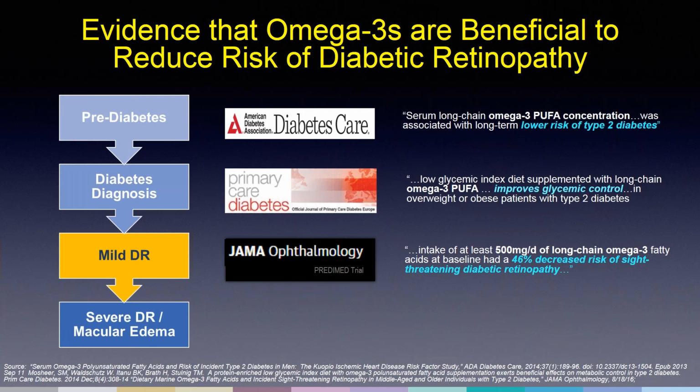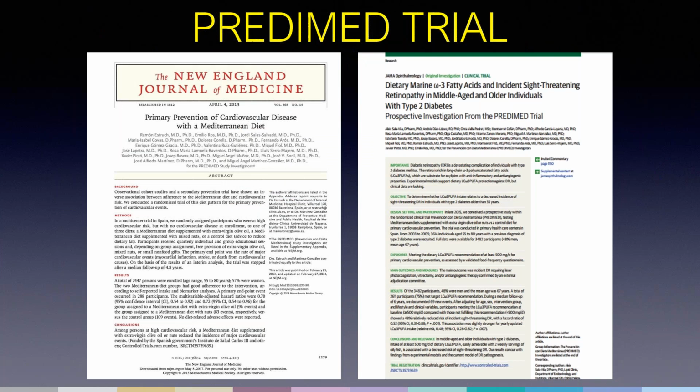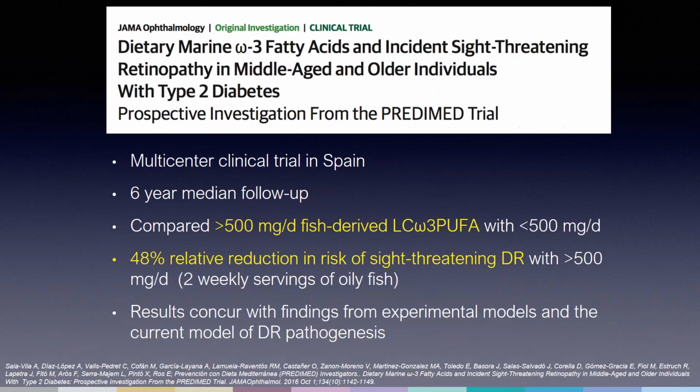Well, in JAMA Ophthalmology last year, there was a sub-study from the Primary Prevention of Cardiovascular Disease with a Mediterranean Diet, the PREDIMED trial. And what the PREDIMED trial looked at was subjects enrolled in a trial in Spain over a 6-year median follow-up period.